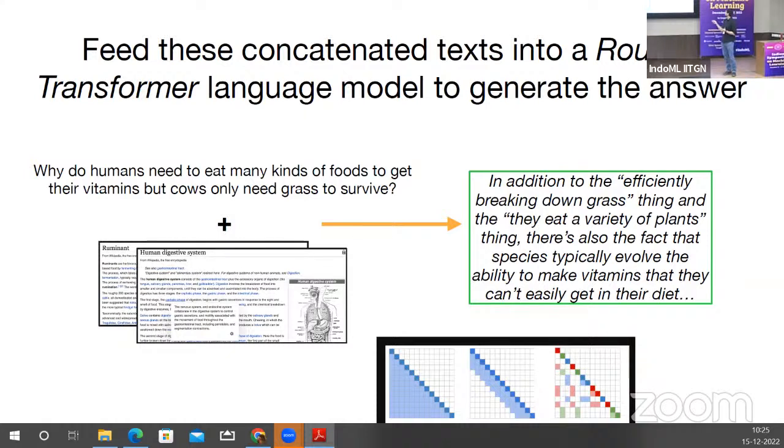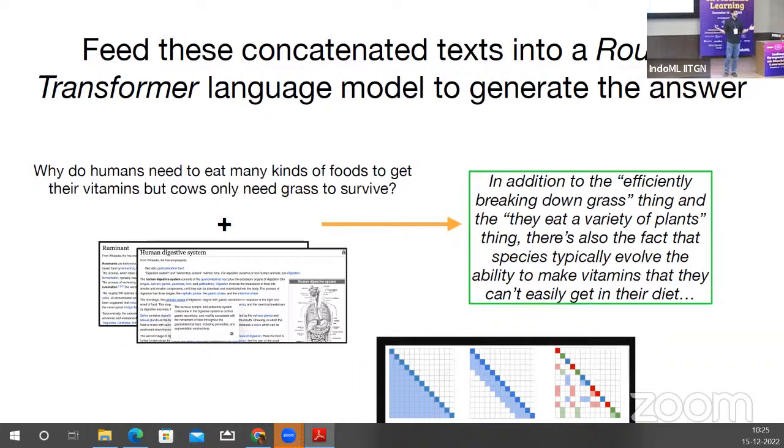In routing attention, instead of computing the full self-attention over the entire context, you first do a clustering over the entire context. So in this task, my context is the question and 8 retrieved articles, the full text of those articles.